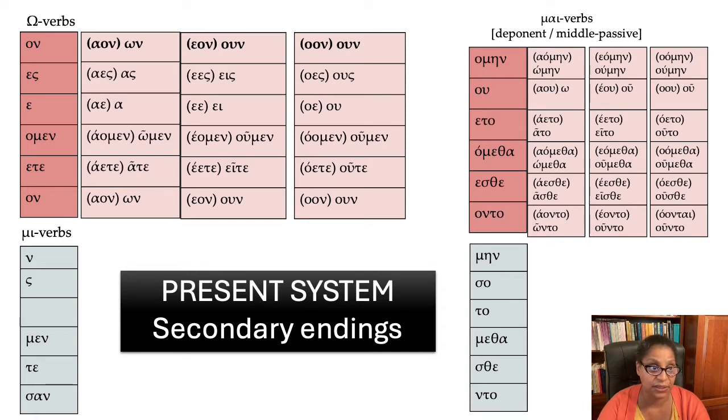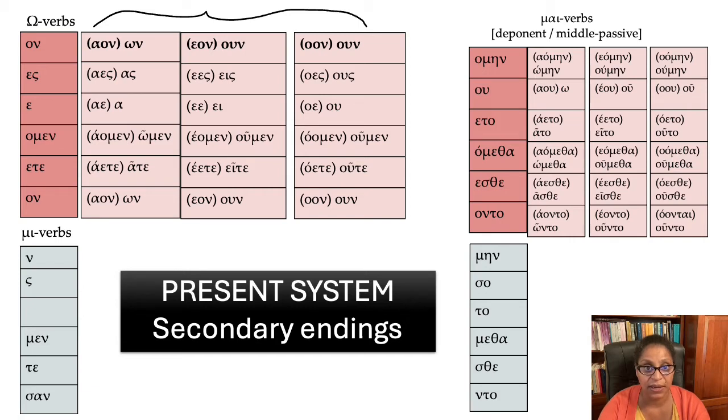And then if you're dealing with the contract verbs, you're just putting the ending onto the stem that has that vowel on it. When you knock off the omega, you had that alpha, so you're just putting the ending straight onto that. And then because it's Attic that we're working with, Attic likes to contract. So that's what's happening.